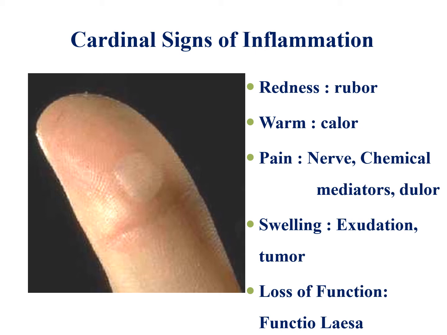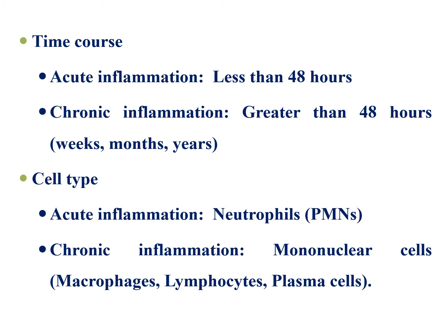The last one is tumor, swelling, and I'll talk about exudation in just a moment. The time course. For acute inflammation, this usually occurs in less than 48 hours. If the inflammation lasts more than 48 hours, it can lead into chronic inflammation and in some cases last for weeks, months, even years.